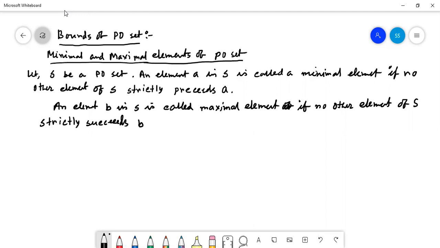Succeeds means there is no other element which is greater than b. Then b is the maximal element. So these are the minimal and maximal elements.